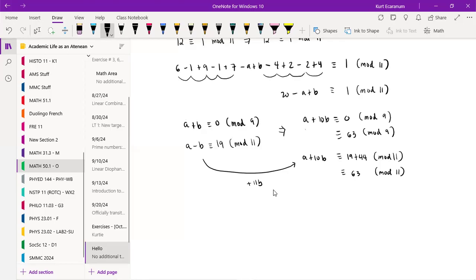So that by a previous theorem you can combine this to become 63 mod 99.